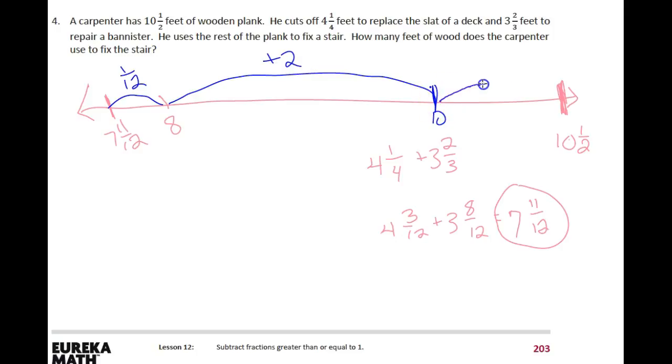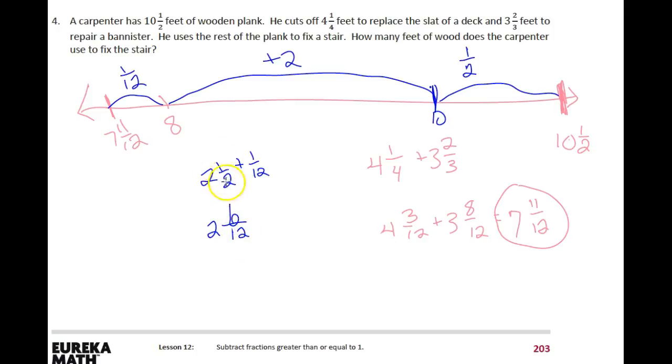Now how do we get from 10 to 10 1/2? We add a half. So we know that 2 1/2, right there, right? 2 1/2. And what are we adding to that? We're adding a 12th. So to make them the same size pieces, here's our whole number. This has to become 12. 2 times what gets you 12? 6. So 1 times 6 is 6. 6 is half of 12.